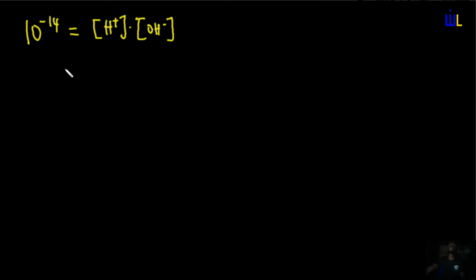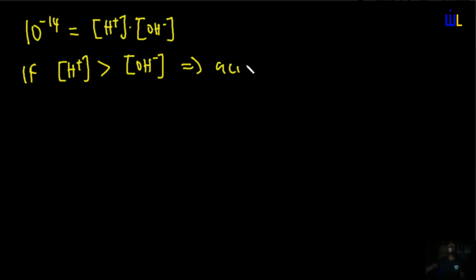The first thing I would like to say is that if the concentration of hydrogen ion is greater than the concentration of hydroxyl ion, automatically this solution would be acidic.